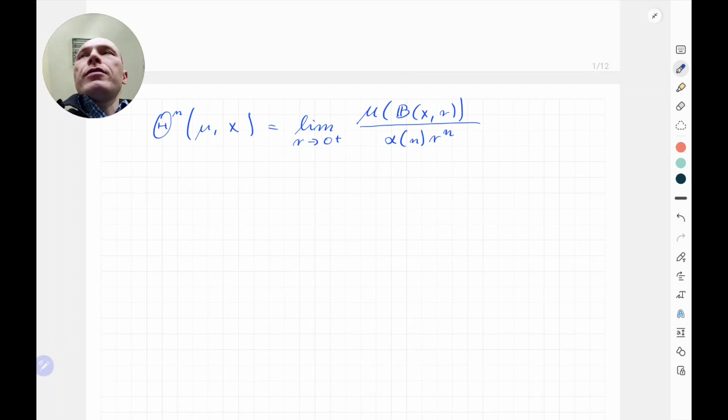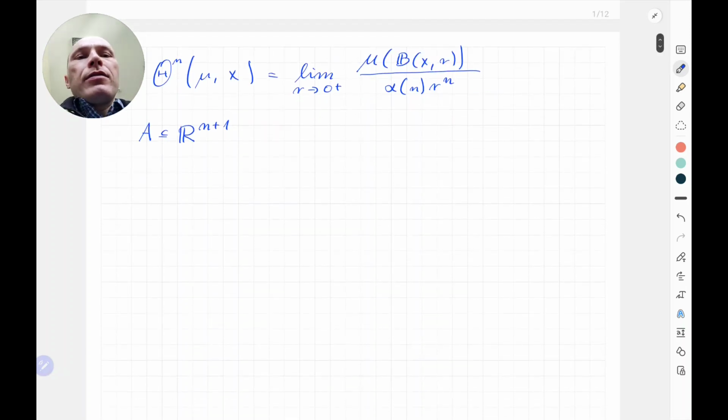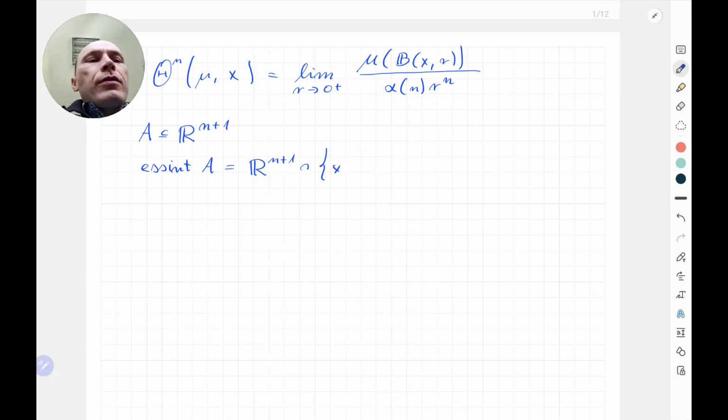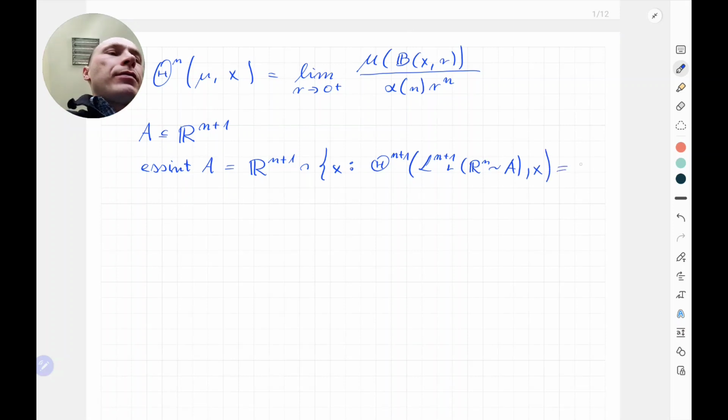Having this definition, we can now define the essential interior of a set. Assume A is a subset of R^(n+1). The essential interior of A is the set of those points x in R^(n+1) for which the n-dimensional density of the Lebesgue measure, n plus 1 here as well, restricted to the complement of A at x equals 0.